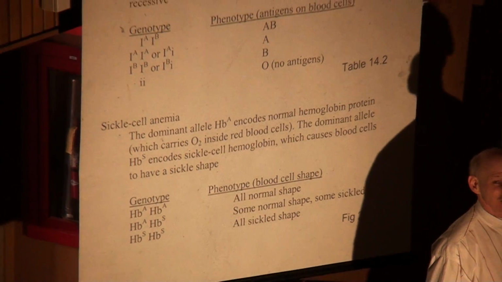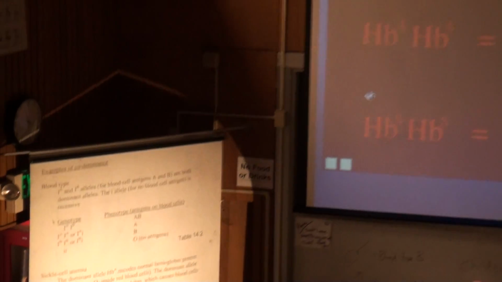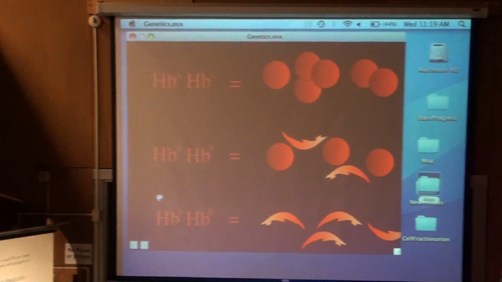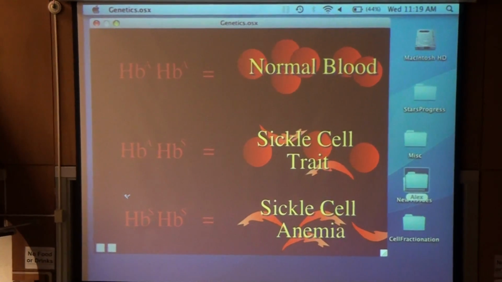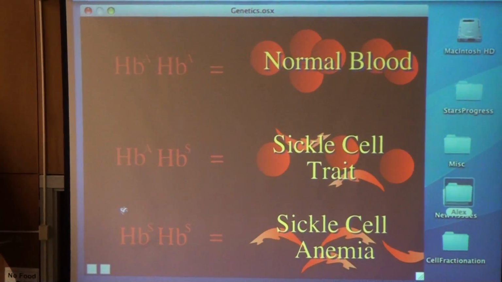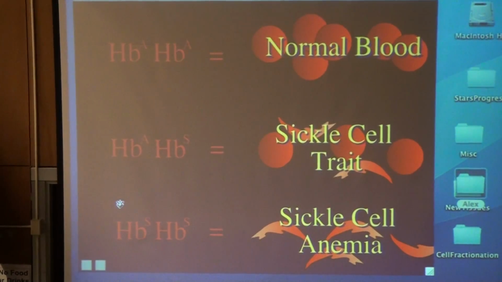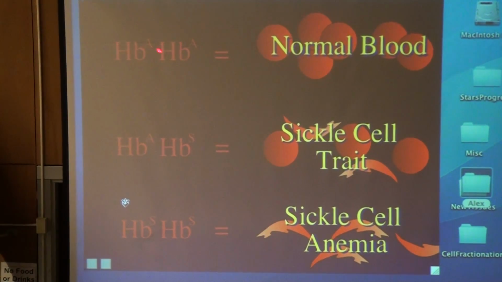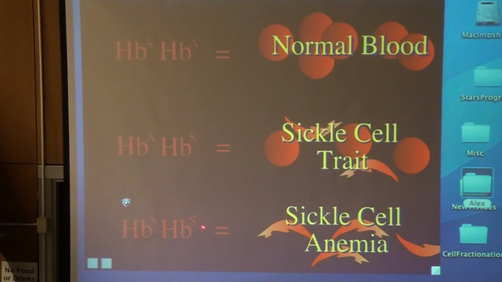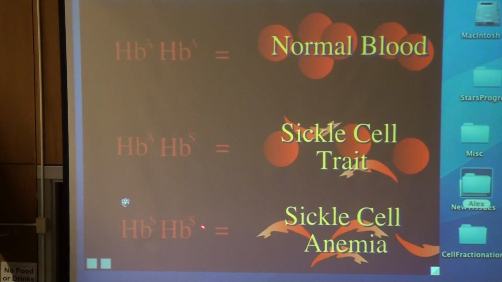All right, and incidentally, there's some terminology that describes these various genotypes. If a person has two of the dominant A alleles, they're said to have normal blood. If they have two of the dominant sickle alleles, they have sickle cell anemia, they have the disease.